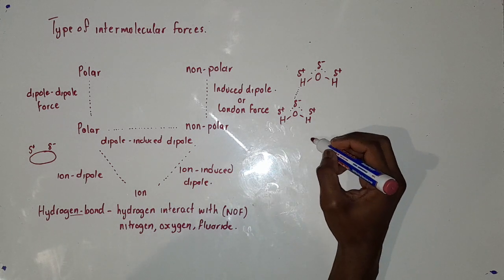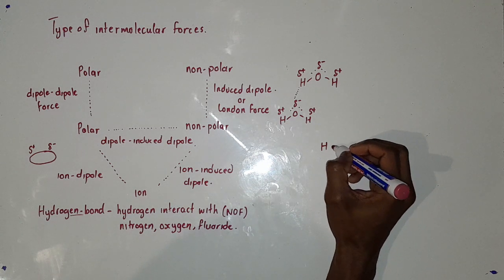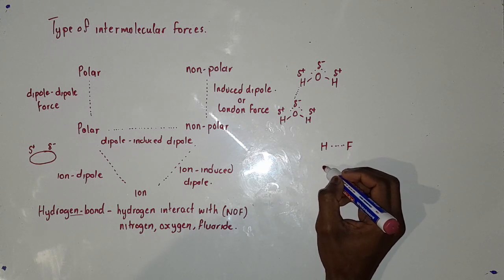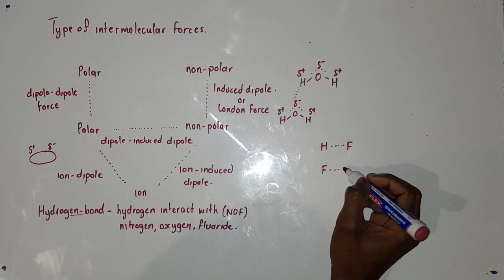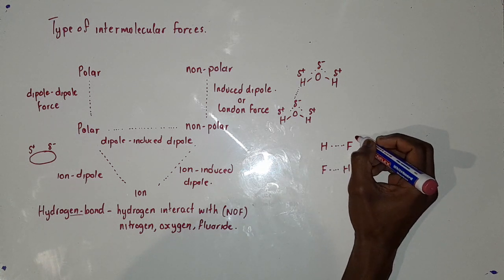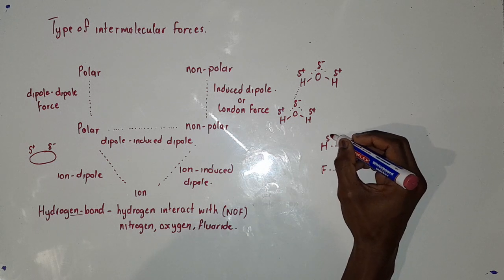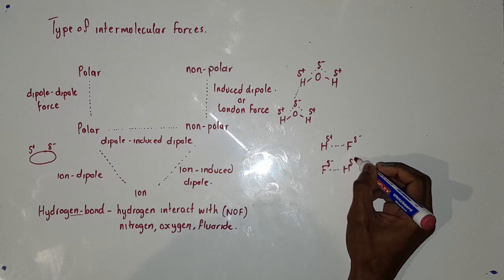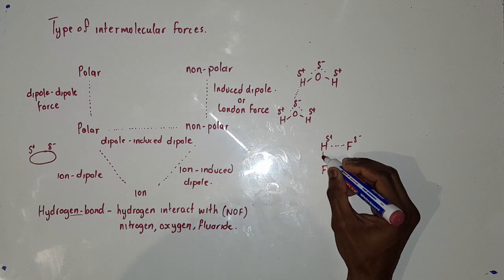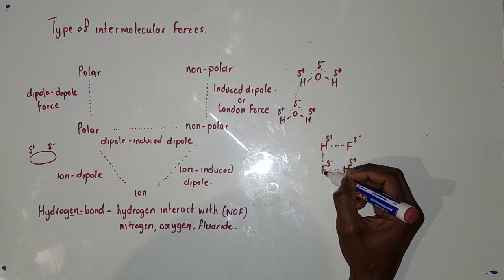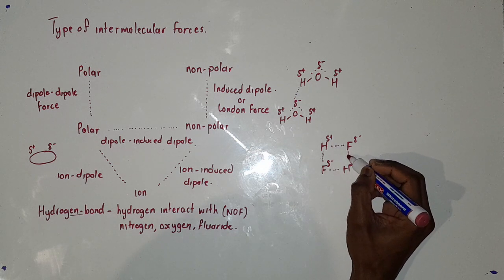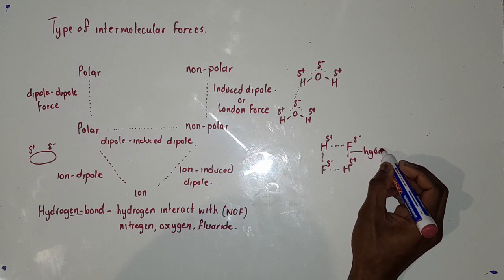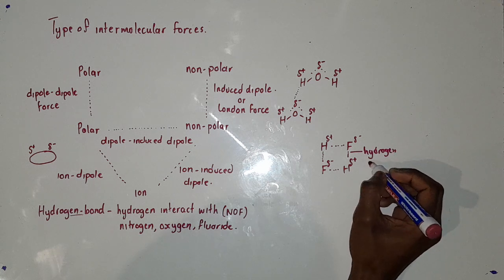Again, if we have HF like this, we know that F is slightly negative and H is slightly positive, and the same for the second molecule. This force between H and F we call a hydrogen bond.